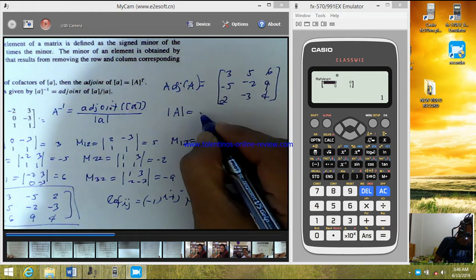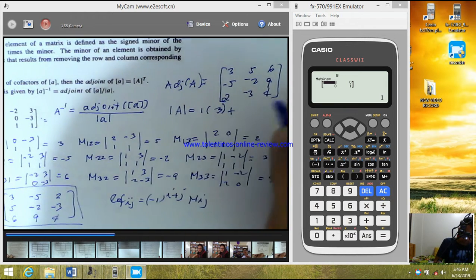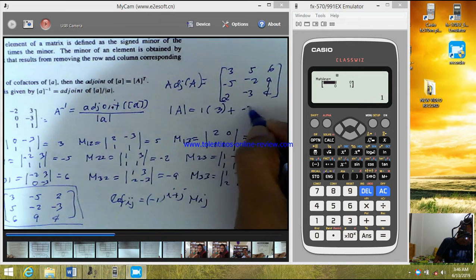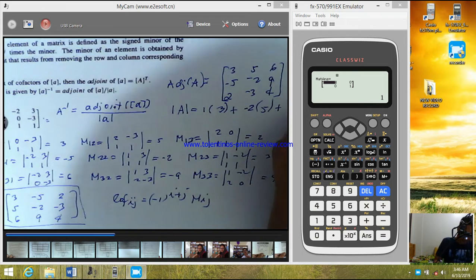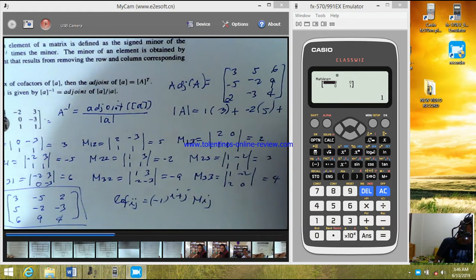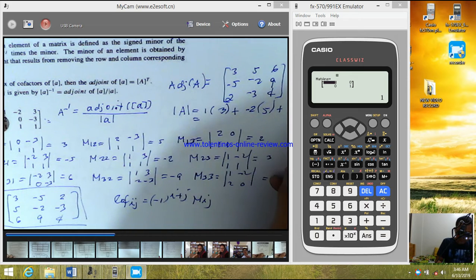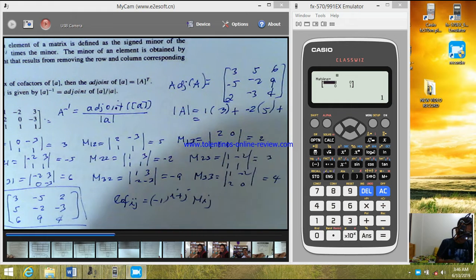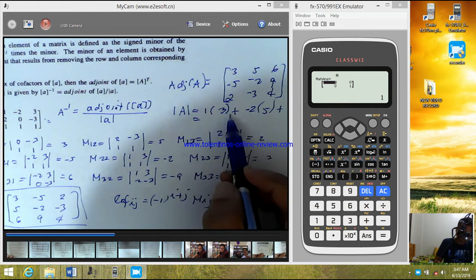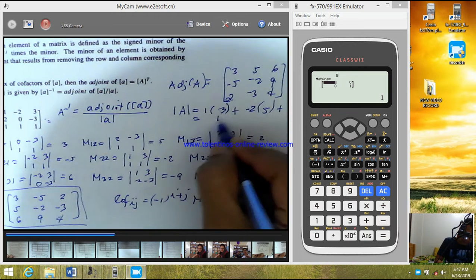The original element is 1 times its cofactor 3, plus negative 2 times cofactor 5, plus 3 times cofactor 6.